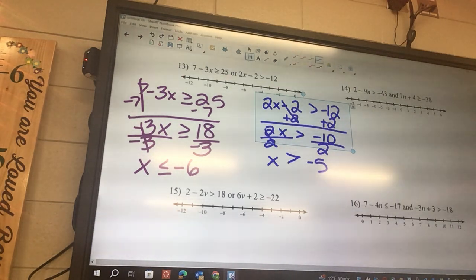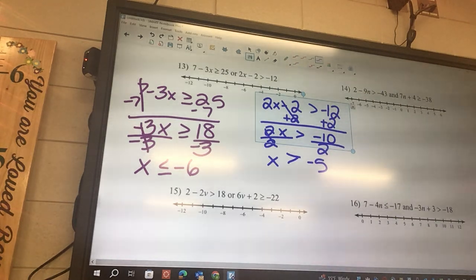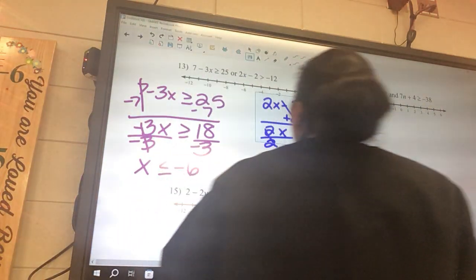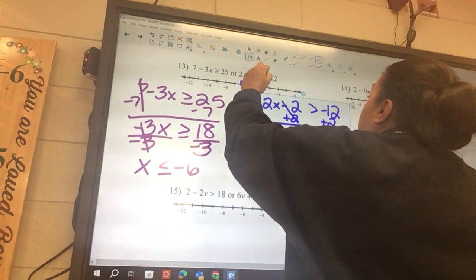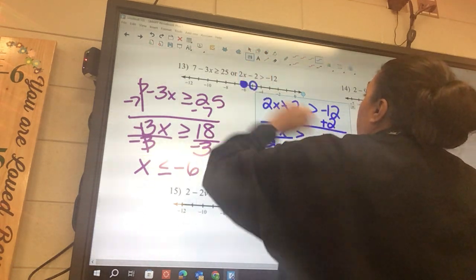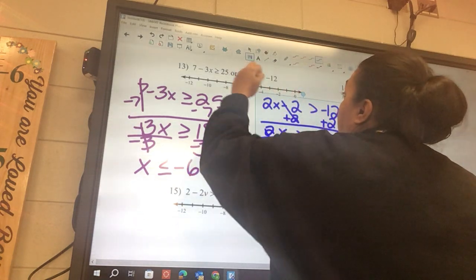Okay, on the negative 6, open or closed? Closed. What about the 5? Open. Oh, yeah, open. Okay, is this going to be pointed in or out? Out, because it's an or.